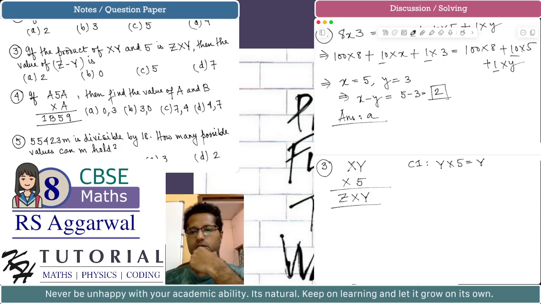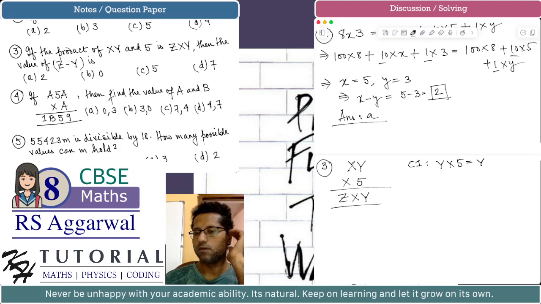What can possibly be the value of y such that y multiplied by 5 gives units digit y?